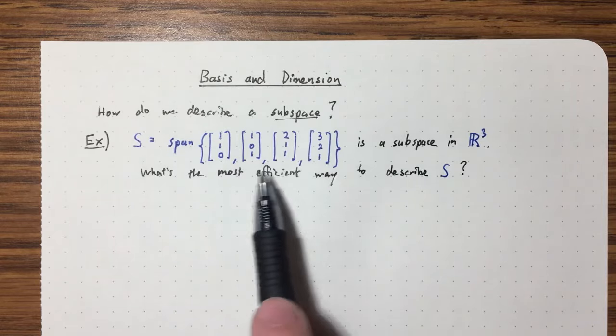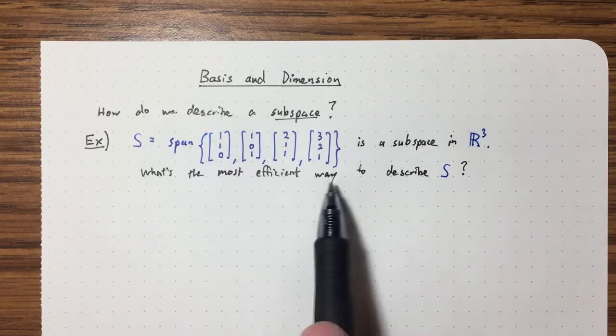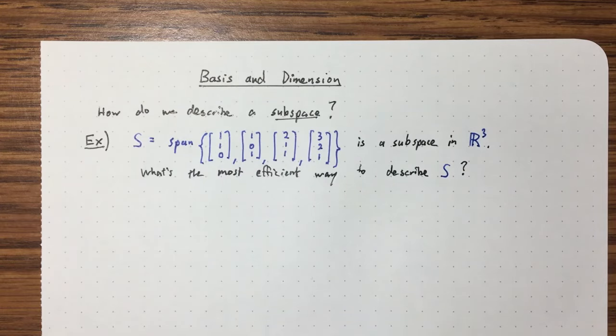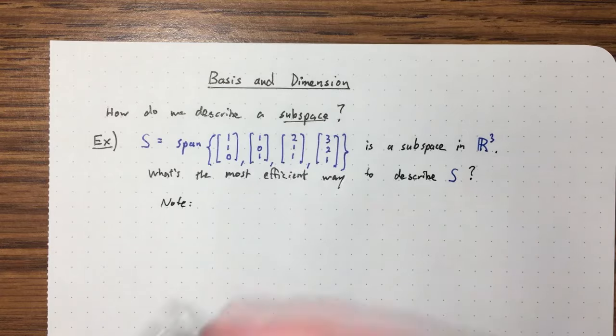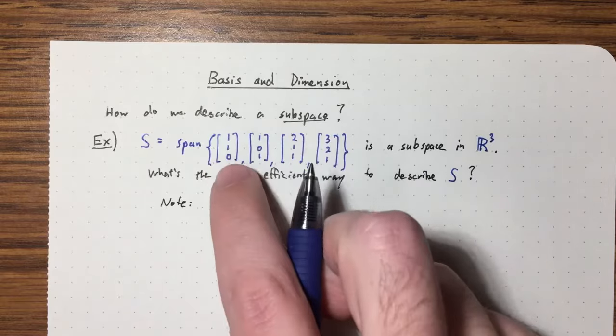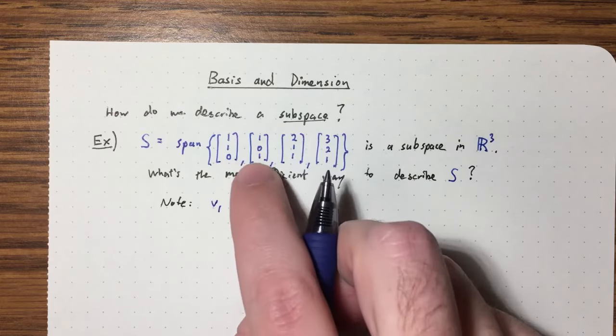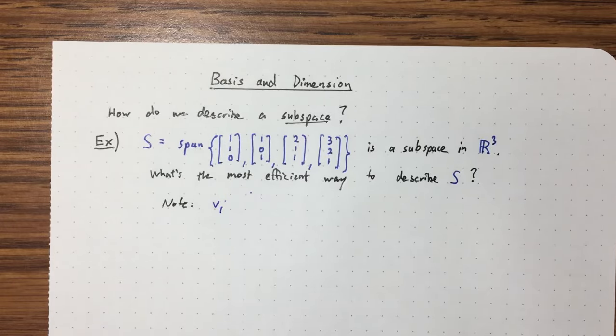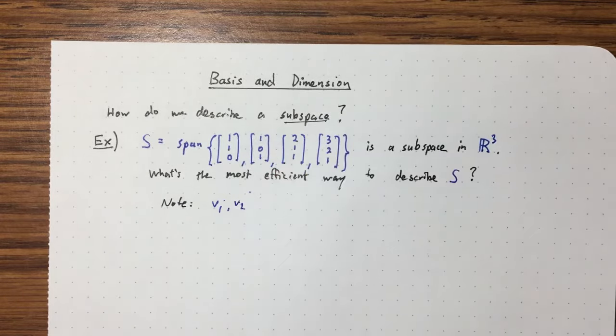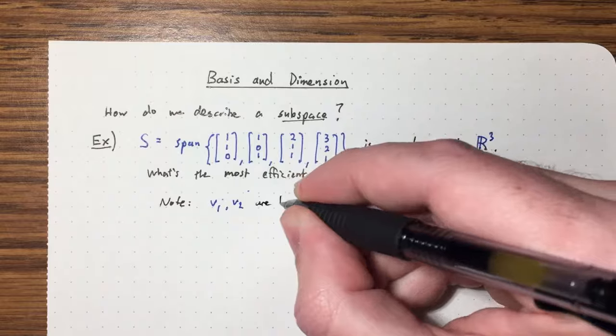It means that there must be some linear dependence between these four vectors. And in fact, note that if we just take v1 and v2, those are linearly independent, actually. If we have two vectors and one is not a scalar multiple of the other, so v1 and v2 are linearly independent.